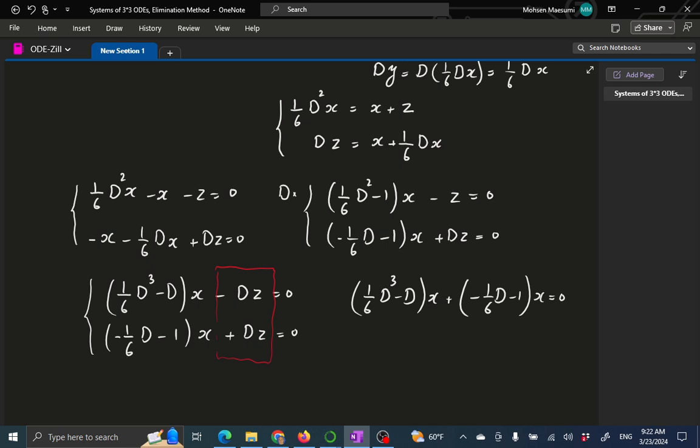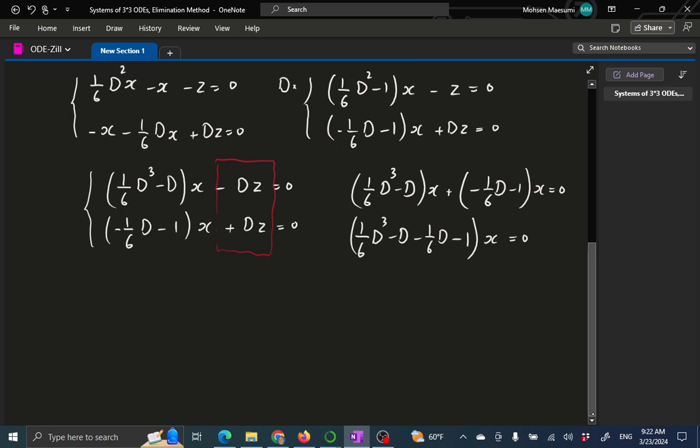Well, these are all multiples of x, so I can add them up. So I'll have 1/6 d cubed minus d minus 1/6 of d minus 1, I factored all of that, times x is equal to 0. Our life is going to be quite a bit easier if we multiply by 6.